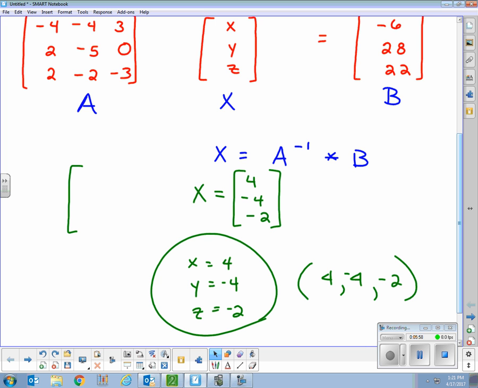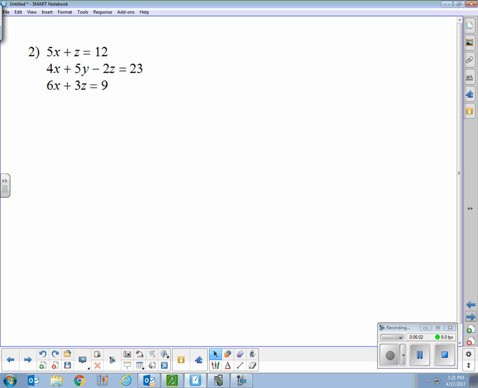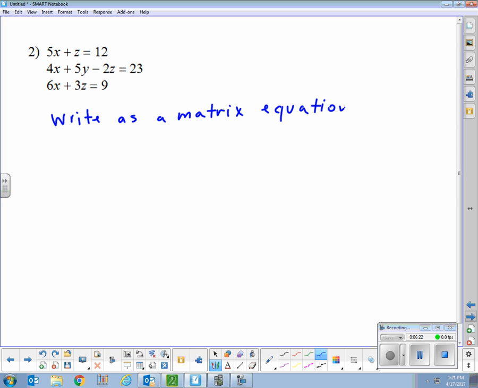Now, not every problem has a solution. Let's look at this one. I just want to write the system, just to make sure that you understand where to put in your zeros.